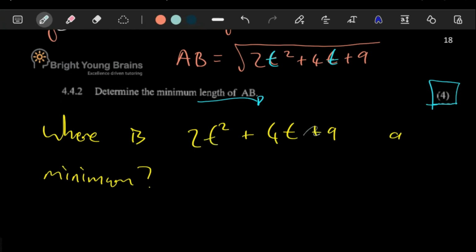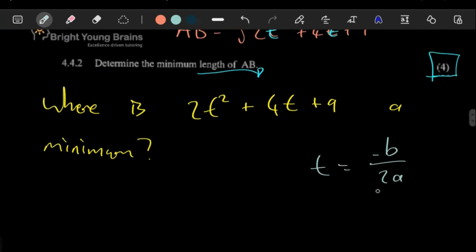Apart from that, since it's a parabola, you can also just use x equals minus b over 2a. This can also give you the minimum value of t, because it gives the t value of the turning point.